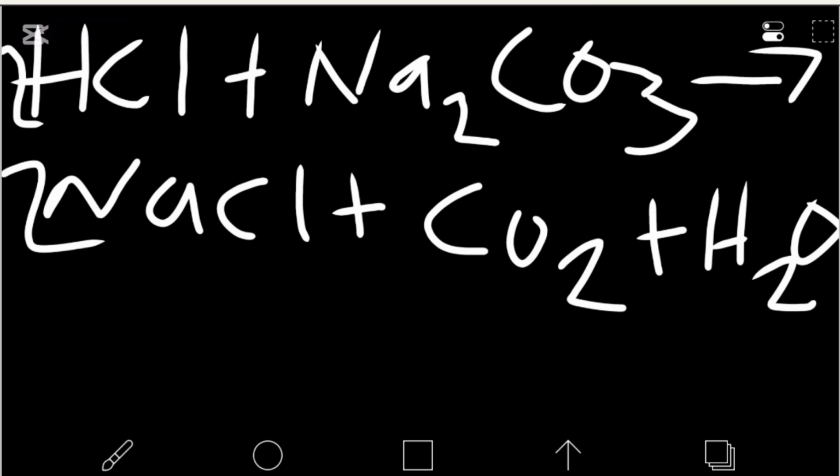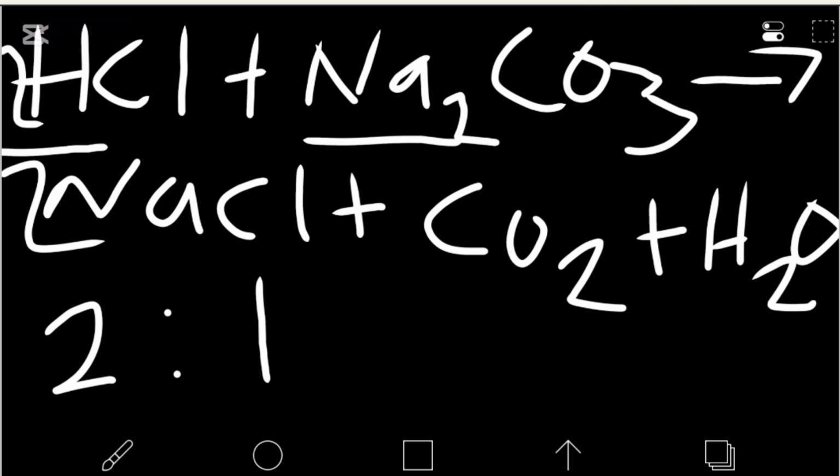So the reaction now is 2:1. So this is our mole ratio because hydrogen chloride here is 2, sodium carbonate is 1. So let's go ahead and calculate the mole of sodium carbonate.